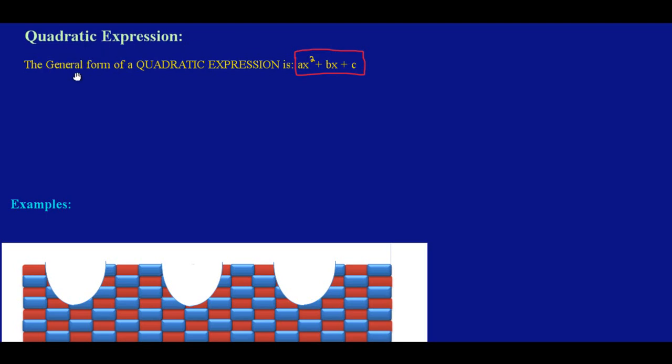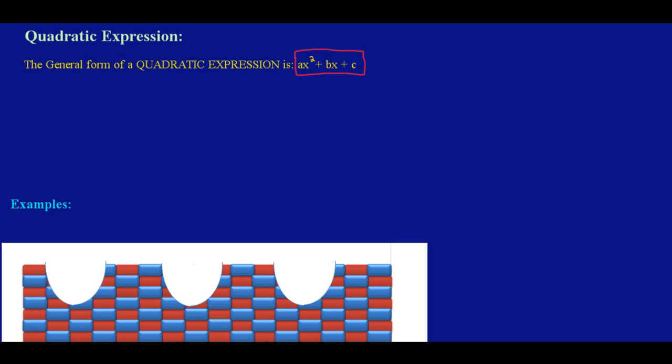Now in its general form, a quadratic expression is written in this form, and here I have it in this rectangular box. It's ax squared plus bx plus c, where a is the coefficient of x squared, right?